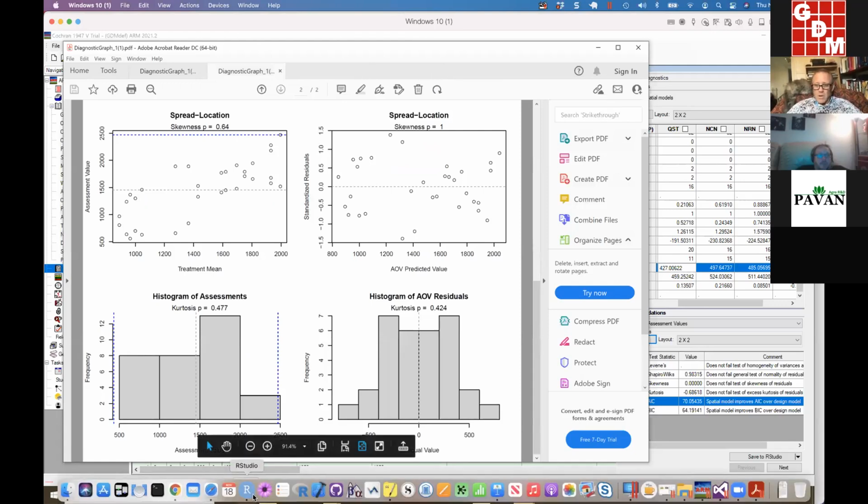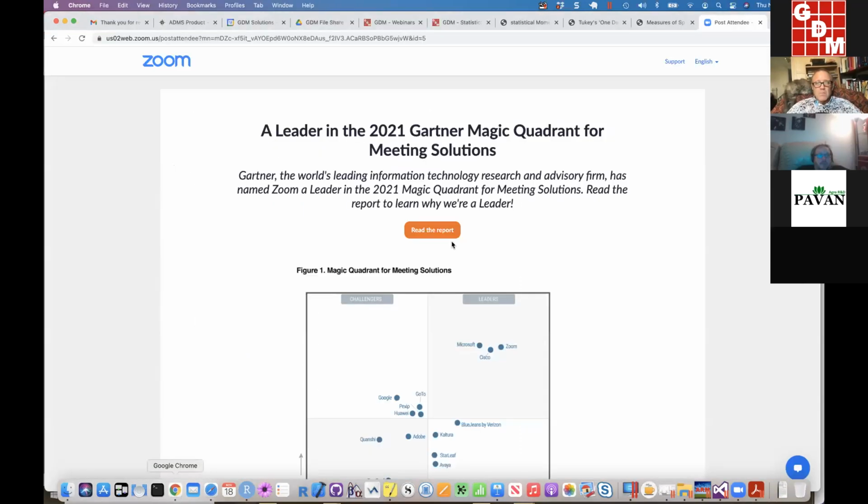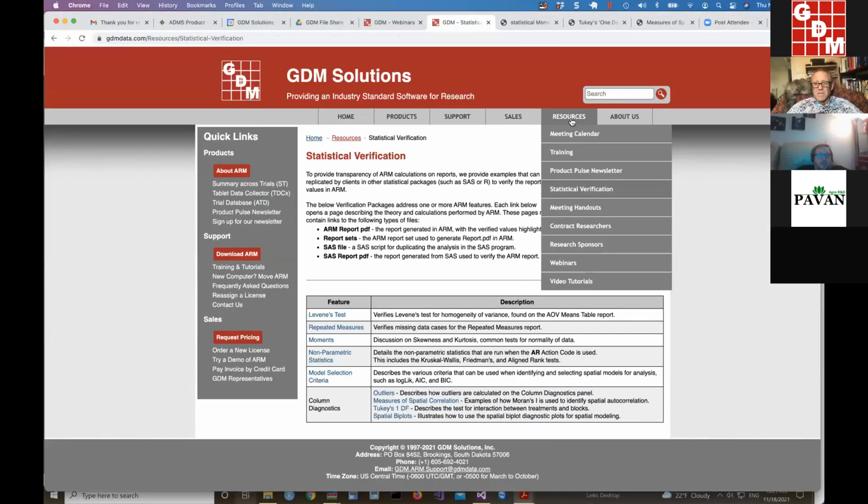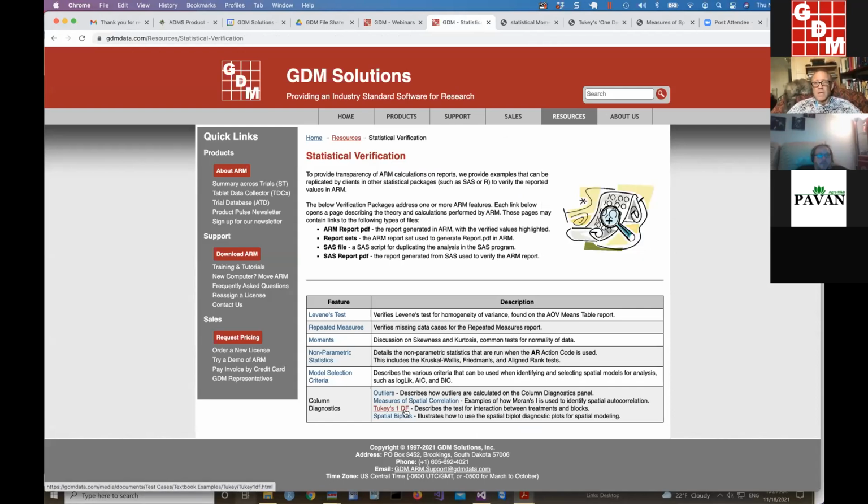Now, I'm not going to go into a lot of detail on Moran's I, but we will go to, under GDM statistics, resources, statistical verification. We have a web link called measures of spatial correlation.